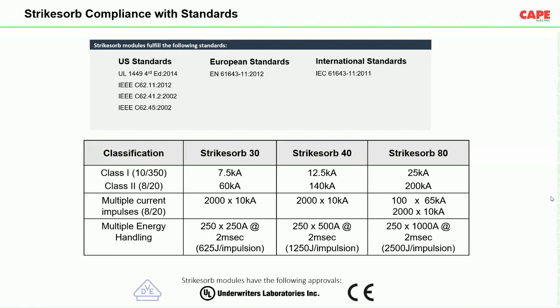In practice, lightning will not wait until the surge arrestor is cooled down. Lightning sometimes is a continuous process. It may strike within a few seconds. Several shots may happen within a short time. Now these SPDs, the 2000 strikes of 10 kiloampere, this is over a period of time.